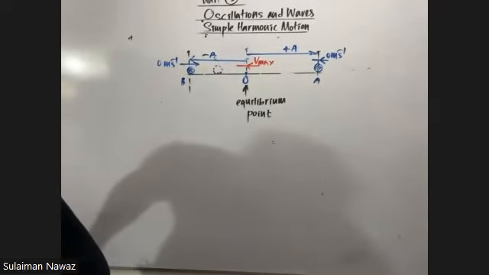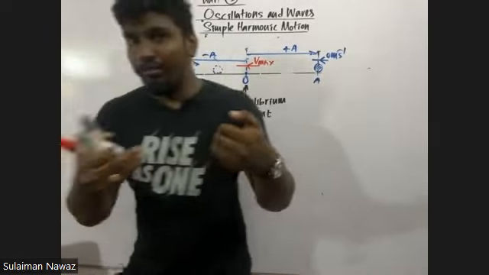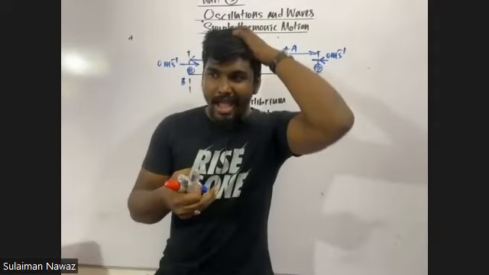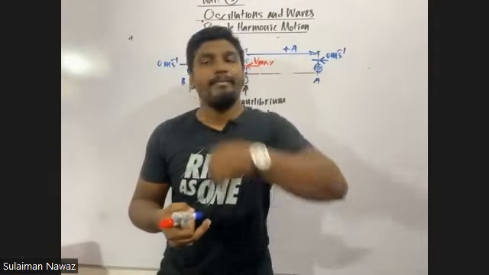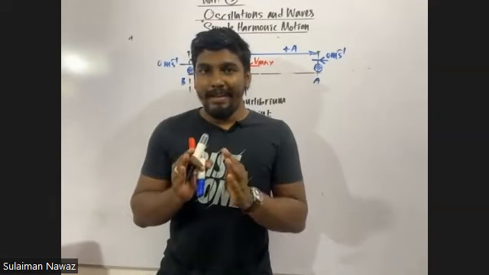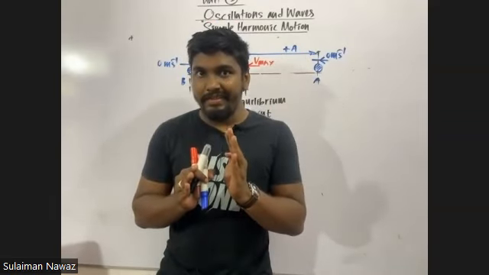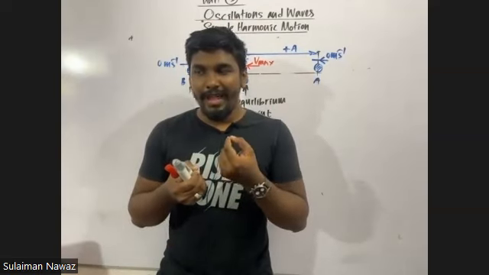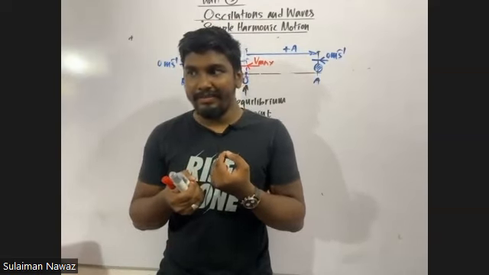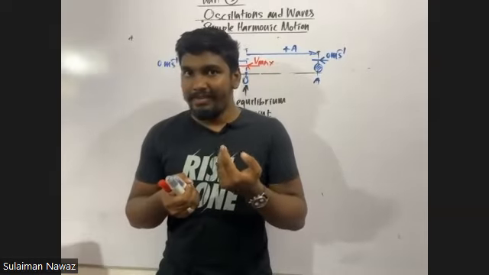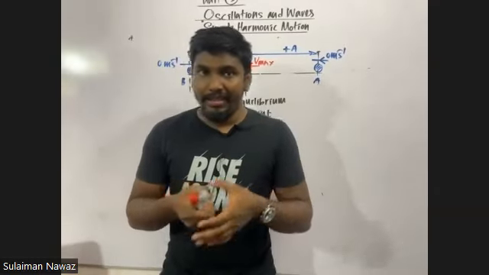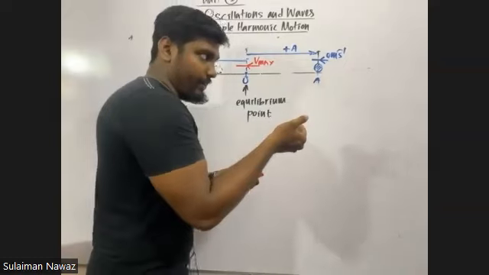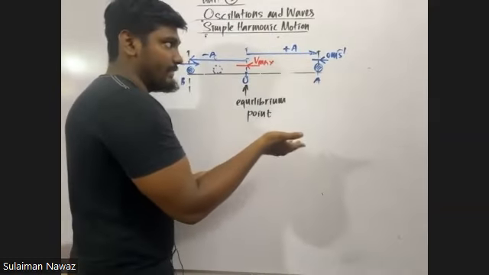Raise your hands. How many of you say that throughout the simple harmonic motion, acceleration remains constant? How many of you say that acceleration also varies? Yes, acceleration also varies, right? Because not only magnitude but also direction varies.